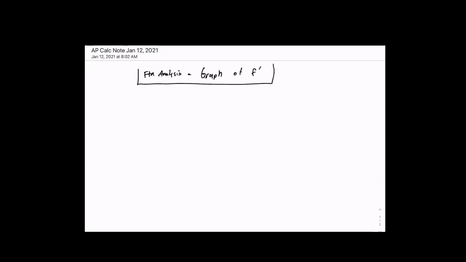Just like with the sign analysis, the idea here is we're going to utilize the graph of f prime to analyze function properties of y equals f of x.